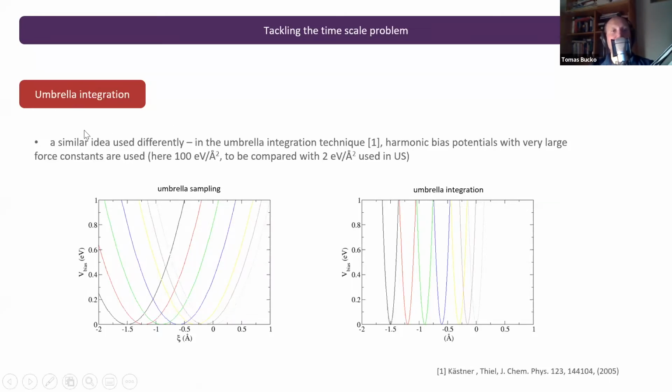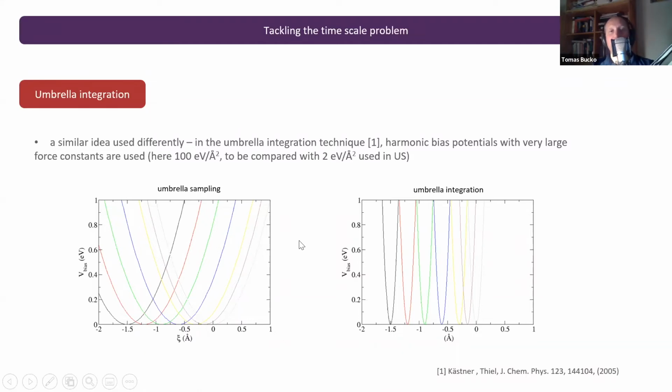Another simulation method based on the same idea of using bias potentials, but differing radically in the way post-processing is done, is the umbrella integration technique. Here it's important that we use bias potentials with very large force constants. On these 2 plots, I compare bias potentials using umbrella sampling and umbrella integration, and you see the force constant here is a factor of 50 larger.